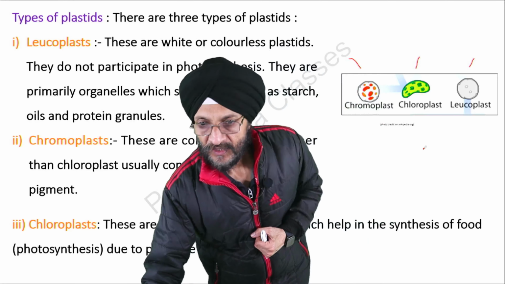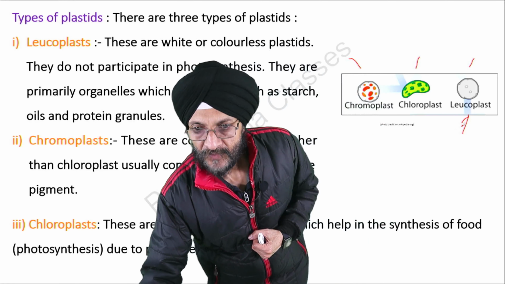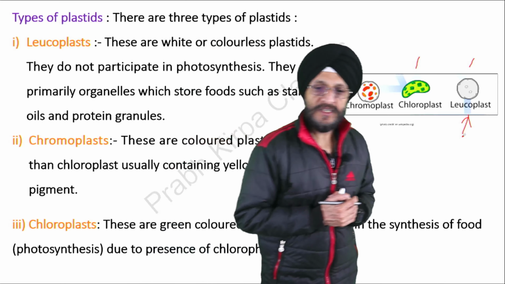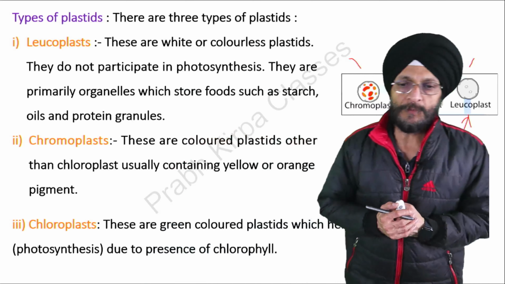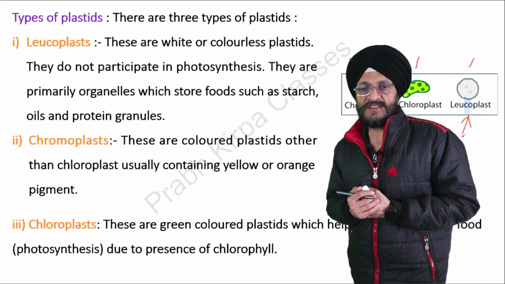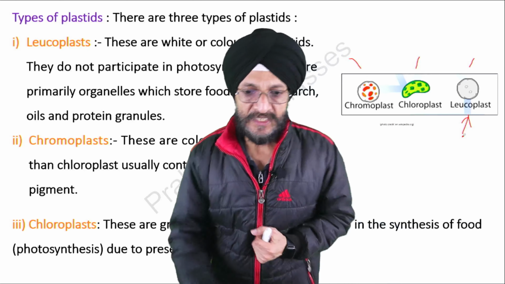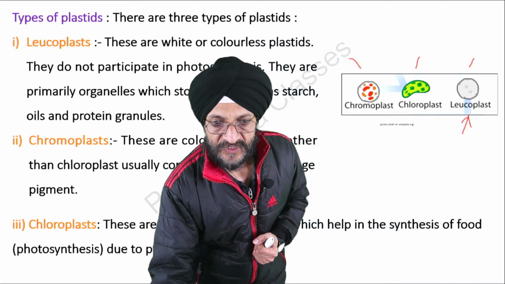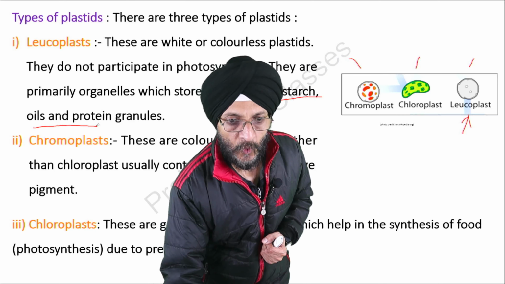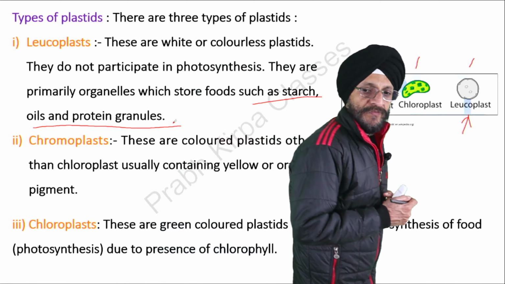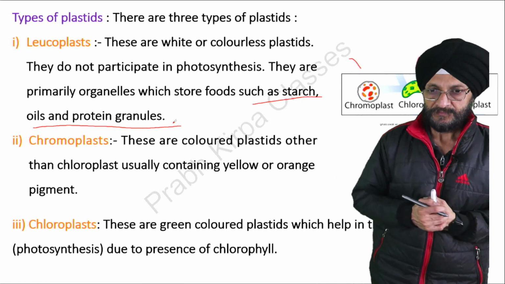Leucoplasts are white colored or colorless plastids. They do not participate in photosynthesis. They are primarily organelles which store food such as starch, oils, and protein granules.